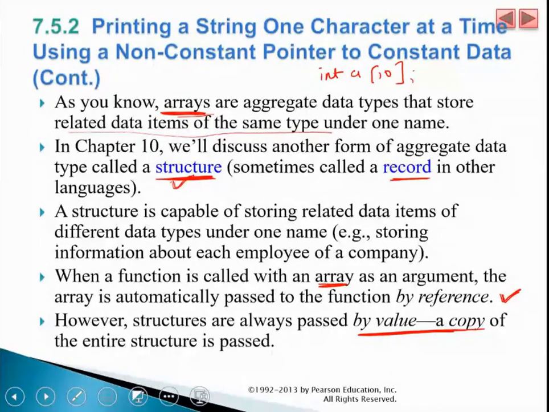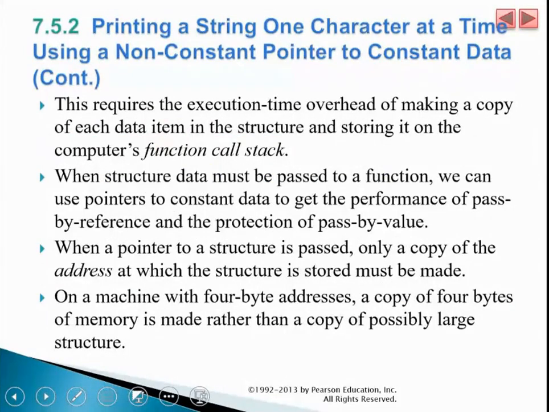What is the disadvantage of pass by value? What is the disadvantage? The actual value, the source I am talking about, does not change. This is sort of an advantage, right? You cannot have accidental modification. So this is the advantage of pass by value. But what is the disadvantage?